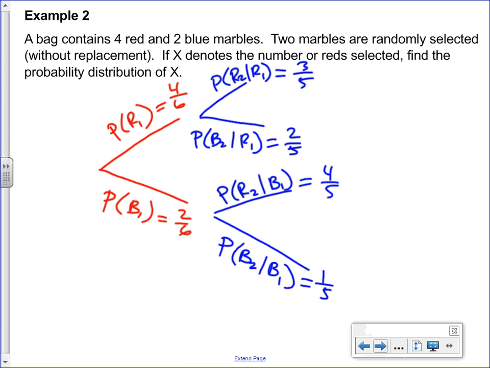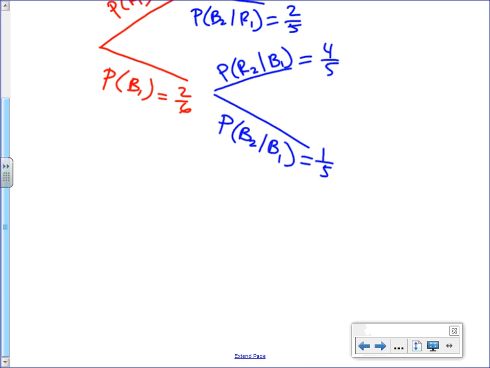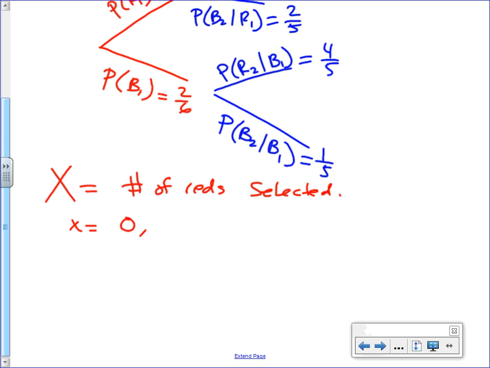Okay. So our big X is going to be the number of reds selected. So our little x is going to be either 0, 1 red, or 2 reds.